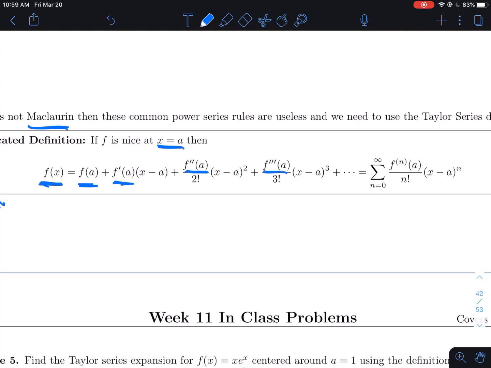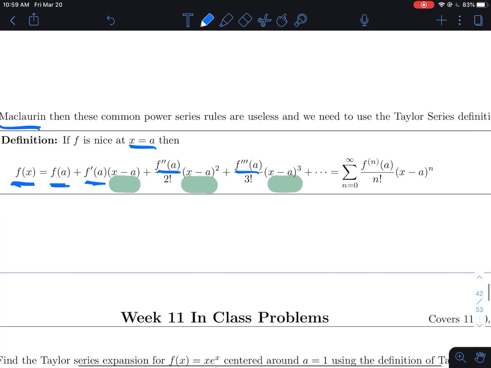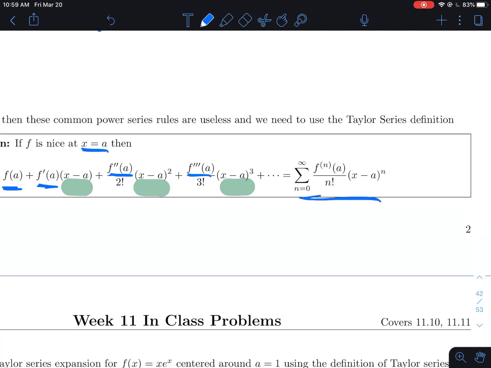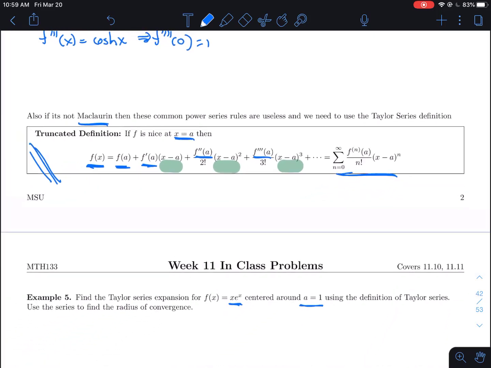Notice we're centering about a, so you see x minus a squared, x minus a cubed, going back to our power series stuff in 11.8, but now with a different center. And in the most generic form, in sigma notation, we have something like this. Again, this is directly from the video notes. Okay, so let's go ahead and try to apply this.